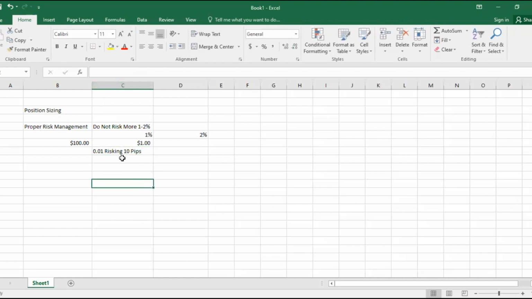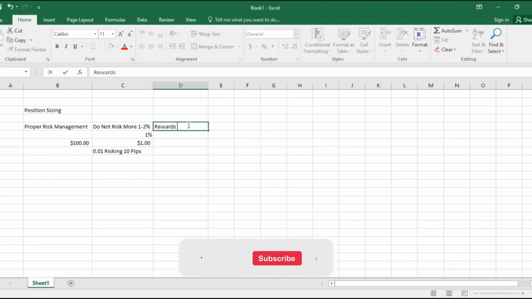To enhance your productivity, if you are risking 10 pips, then your reward should be using a risk to reward ratio of 1:2.